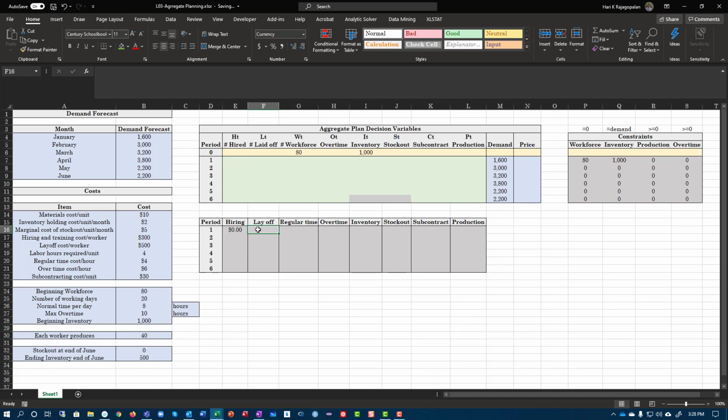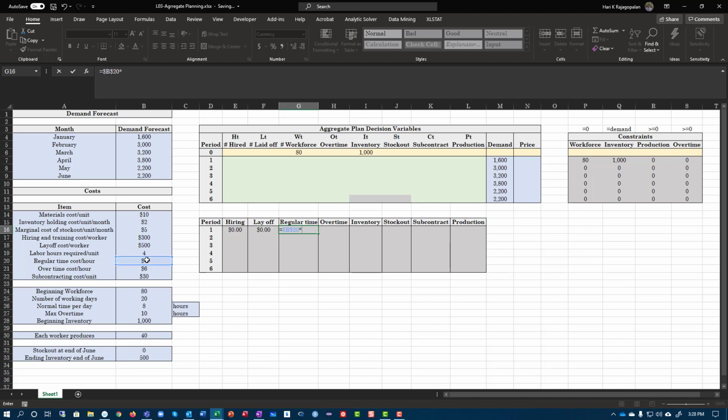The second one is layoff costs. Layoff cost is 500. Again, you need to do an F4. Don't forget that F4. And here's the layoff costs. Now, when it comes to regular time, remember that the regular time cost is only $4 per hour. So you've got to start with $4 an hour, right?